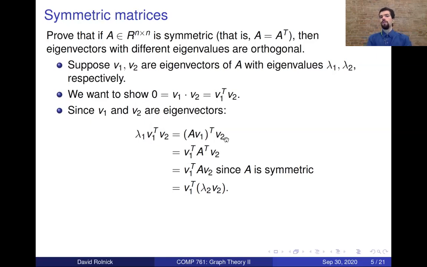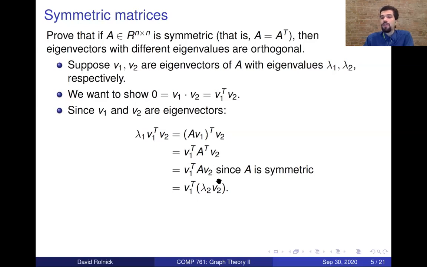Times v2. Okay, so what can we do with that? Well, we can use the transpose to turn this into v1 transpose A transpose times v2, because that's how transposition works with matrix multiplication. And now here's the cool part. Because A transpose is equal to A, since A is symmetric, we have v1 transpose A v2.